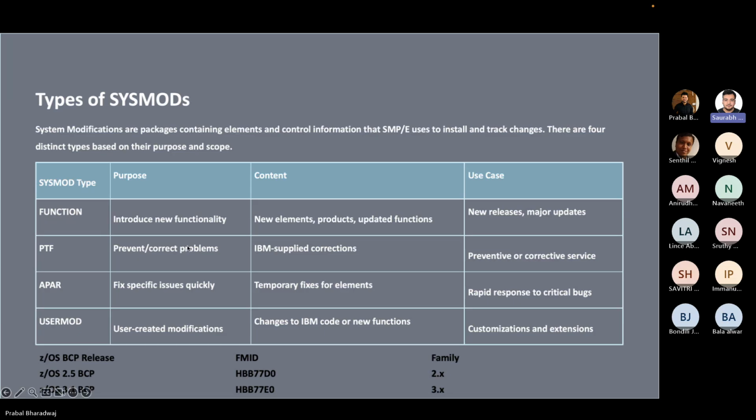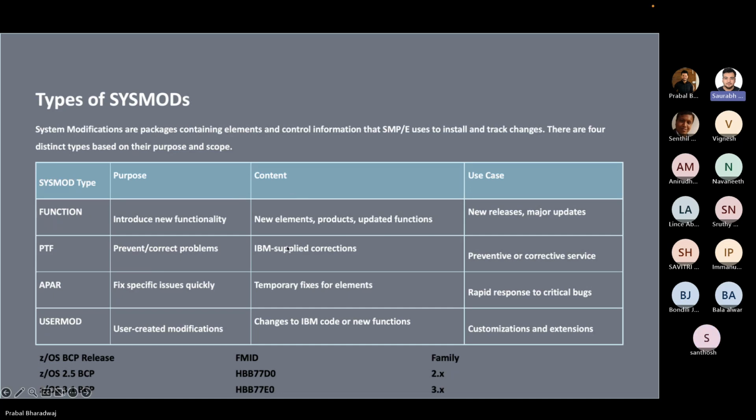Now the second is PTF. PTFs are IBM supplied fixes, used to prevent or correct problems. This is one statement. If you see the slide, did I mention what PTF stands for? PTF stands for Program Temporary Fix.